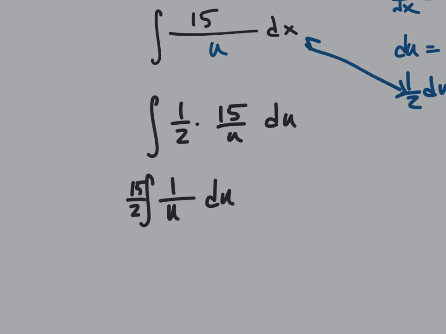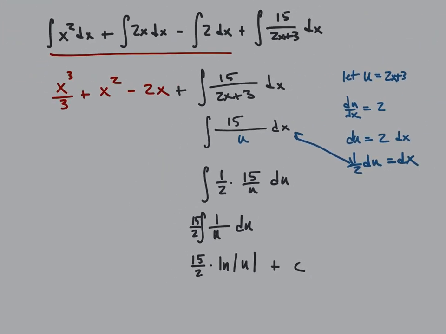So now at this point, we can take the antiderivative of this part, and we can get 15 halves times the natural log of the absolute value of u, and then we'll add on that plus c at the very end. And we can resubstitute our value of u back into this.